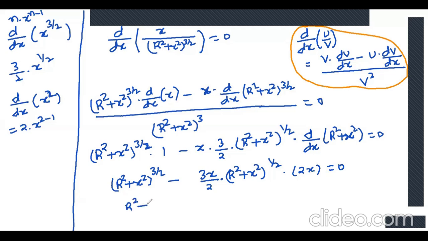(r square plus x square) whole power 3 by 2 minus 3x square (r square plus x square) whole power half is equal to 0. So in both the terms, can I take (r square plus x square) whole power half common?